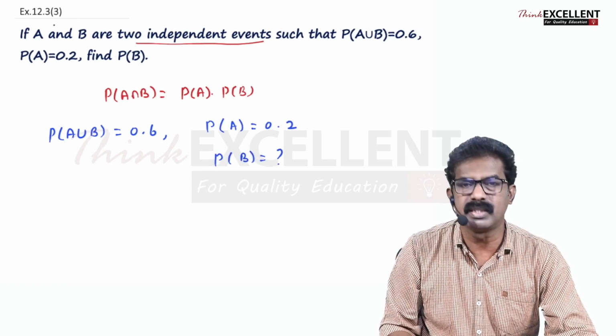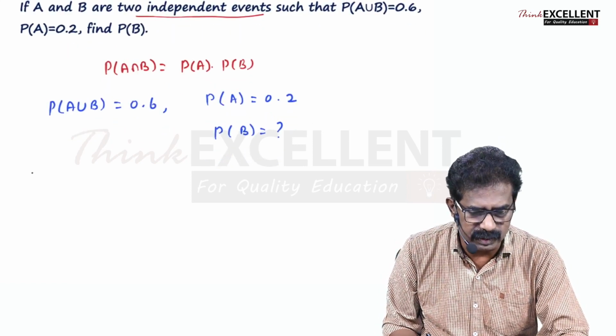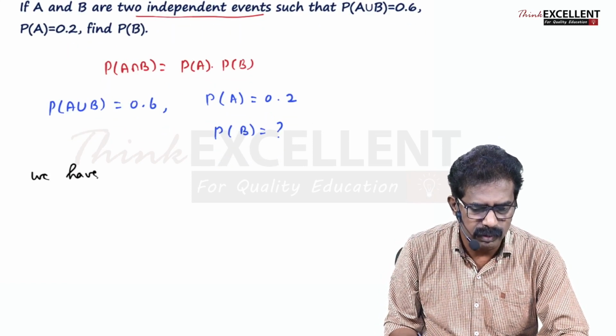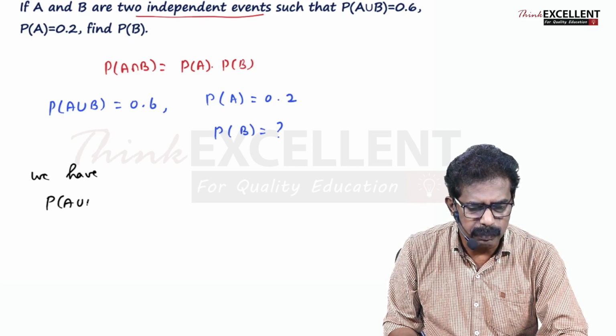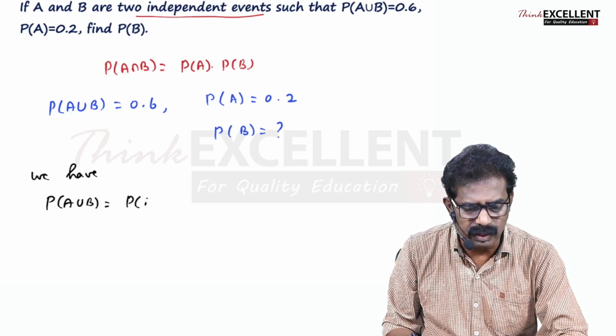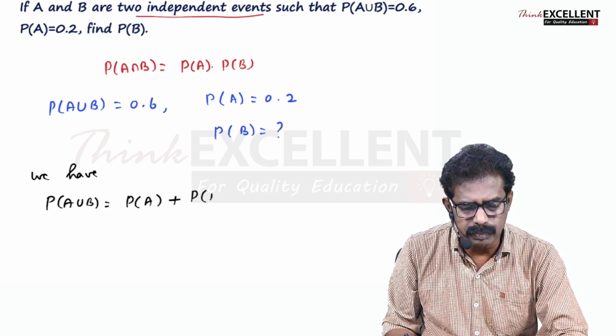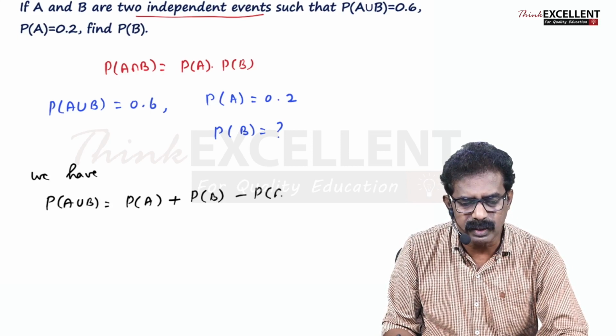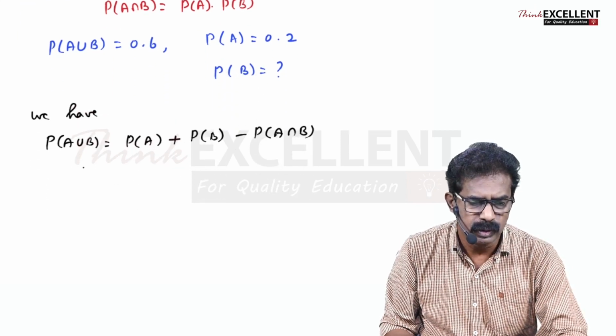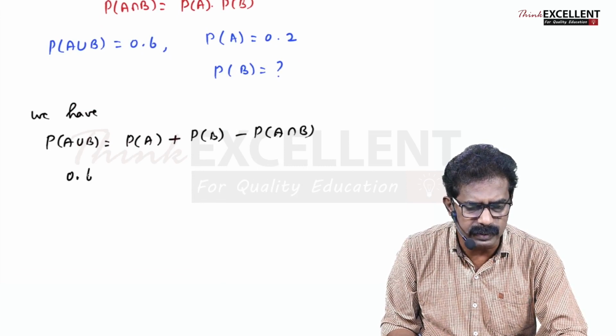For any question of this type, we start with the addition theorem, right? So we have P of A union B is equal to P of A plus P of B minus P of A intersection B. So P of A union B is 0.6. P of A is 0.2.